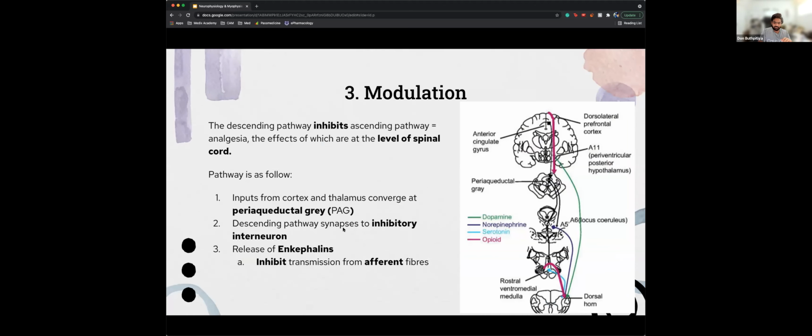And then this descending pathway synapses onto inhibitory interneurons. These inhibitory interneurons release enkephalins, which inhibit the transmission from afferent fibers. So as we have this pain transmission going up, we release the enkephalins to inhibit that afferent fiber transmission, which can be seen in that diagram there.